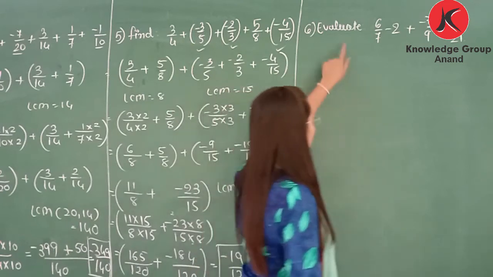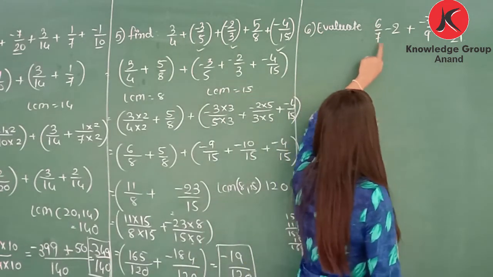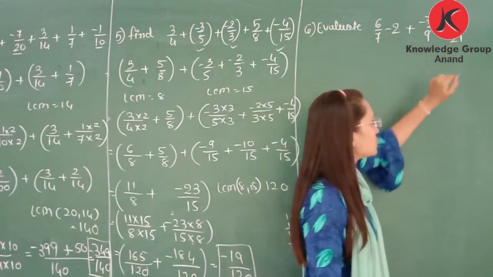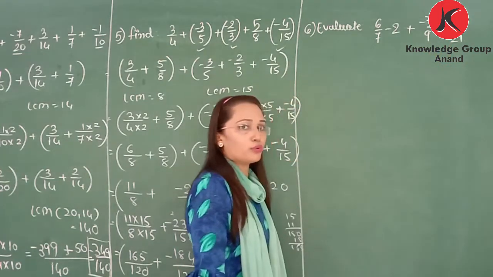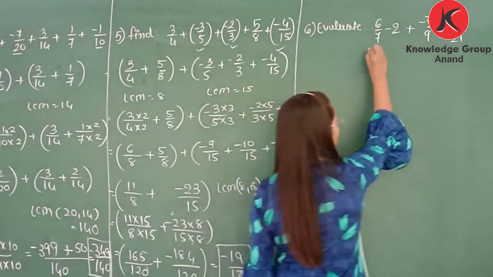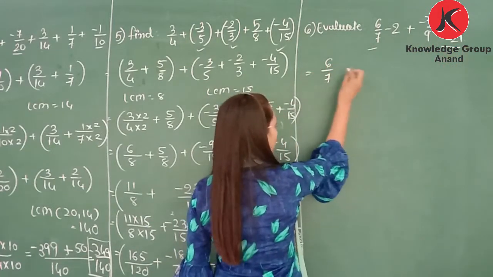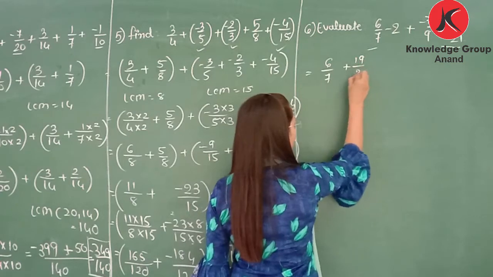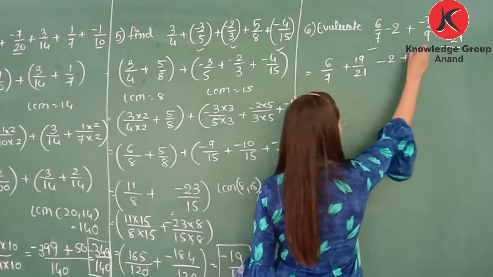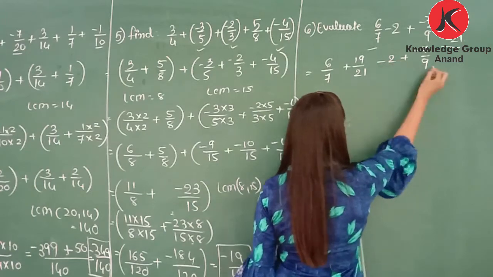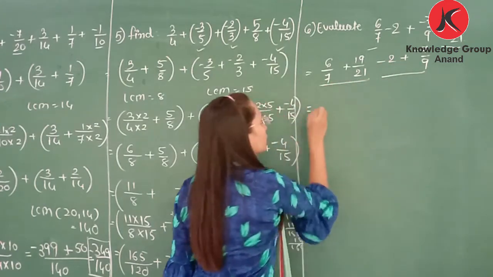Now next one, evaluate 6 by 7 minus 2 plus minus 7 by 9 plus minus 19 by 24. So here let's solve these two first. So 6 by 7 plus 19 by 21 and minus 2 plus minus 7 by 9. We will make a group of these two and these two. Clear?